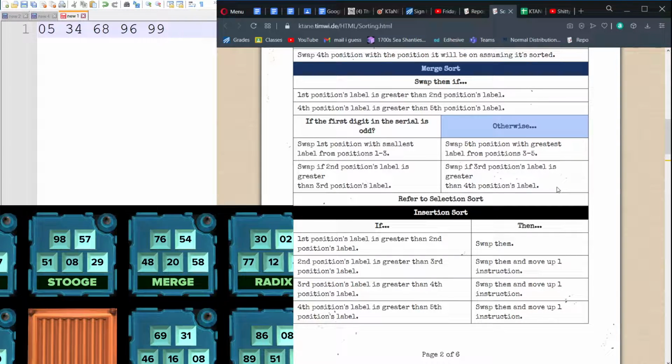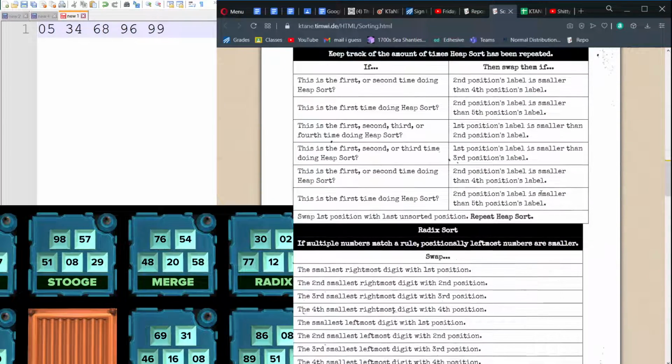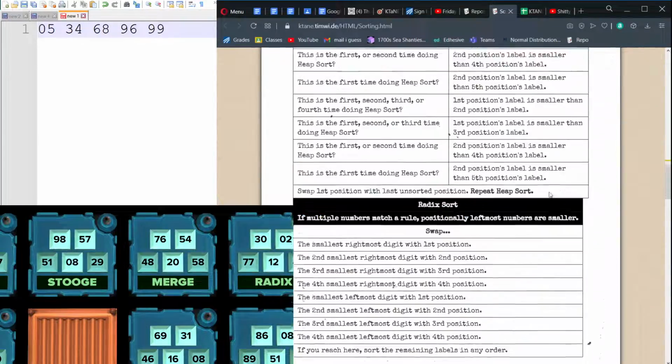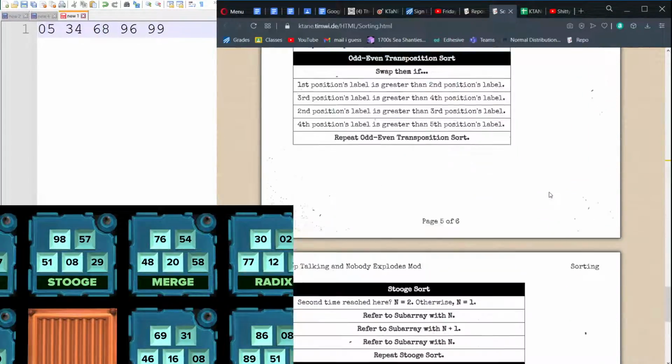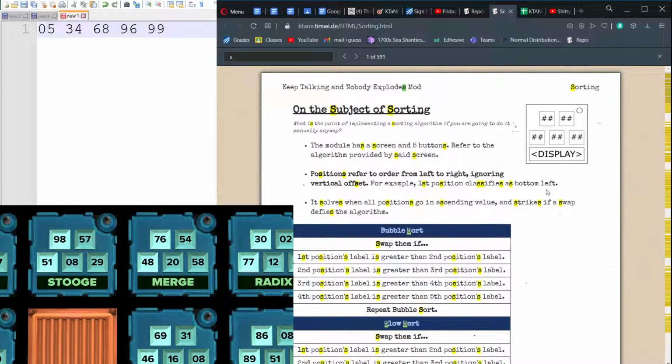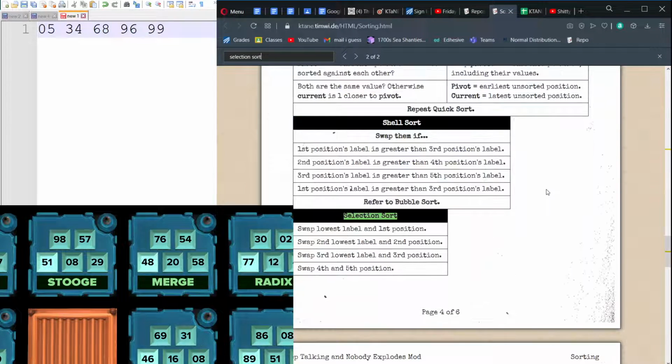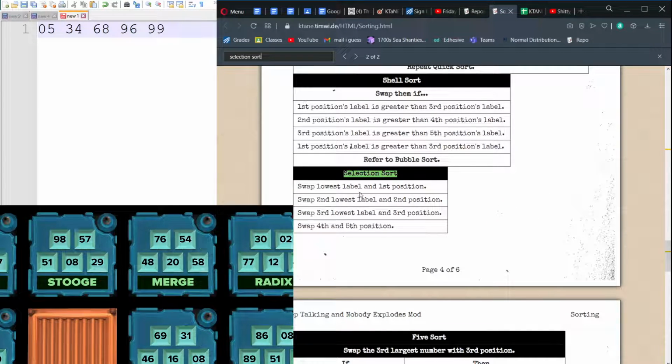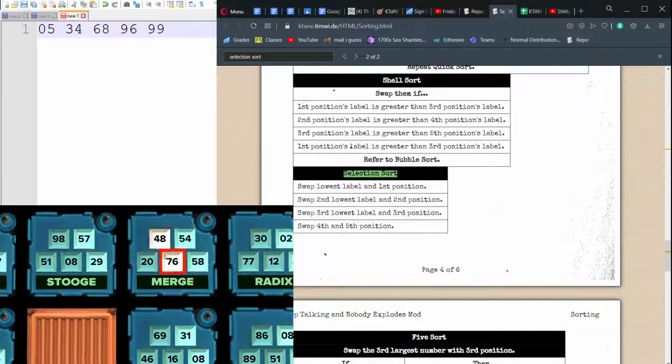And instead of being recursive, we are going to refer to selection sort, which is all the way somewhere in some direction. There we go. Which is just swap the lowest label in the 1st position, and the 2nd lowest label in the 2nd position, and the 3rd lowest with the 3rd, and the 4th and 5th.